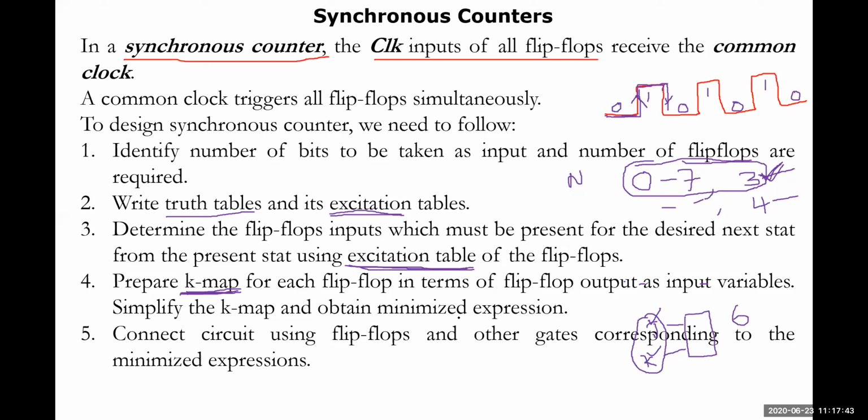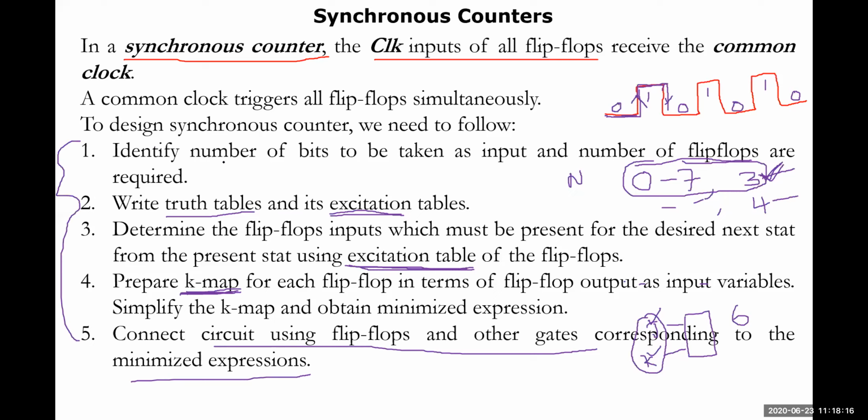And finally, after obtaining the inputs of each and every flip-flop, you have to draw the final circuit diagram for the synchronous counter, for probably 3-bit or 4-bit or 5-bit and so on. These are the steps we need to follow to develop any synchronous counter.